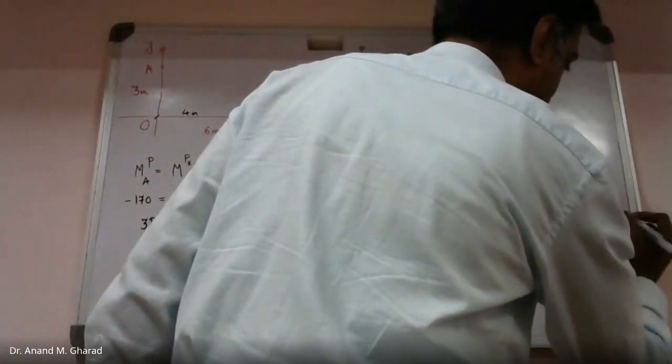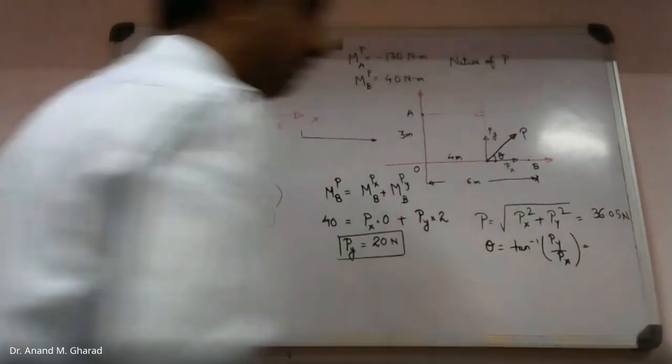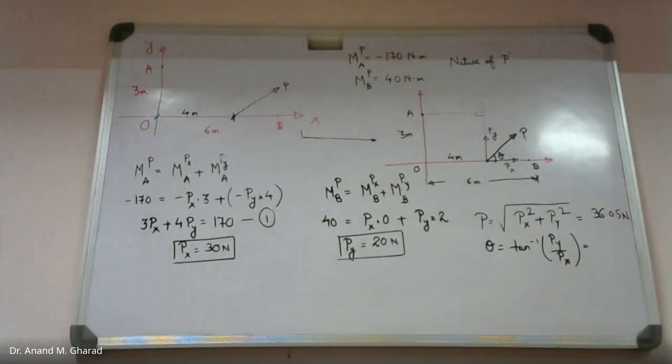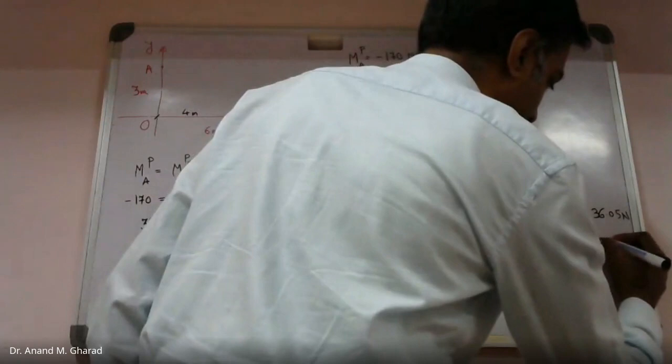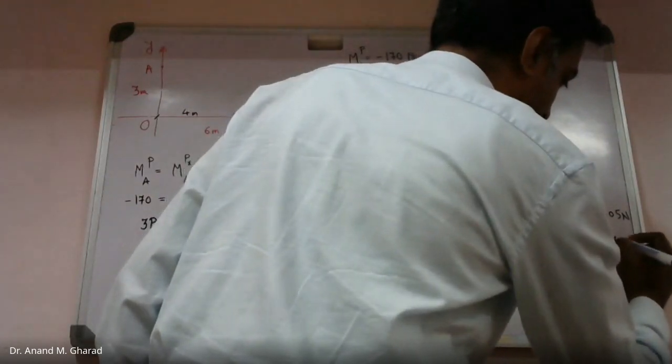36.05 Newton is the P value. And what about theta? Okay, 33.69 or 33.7 degree, you can say.